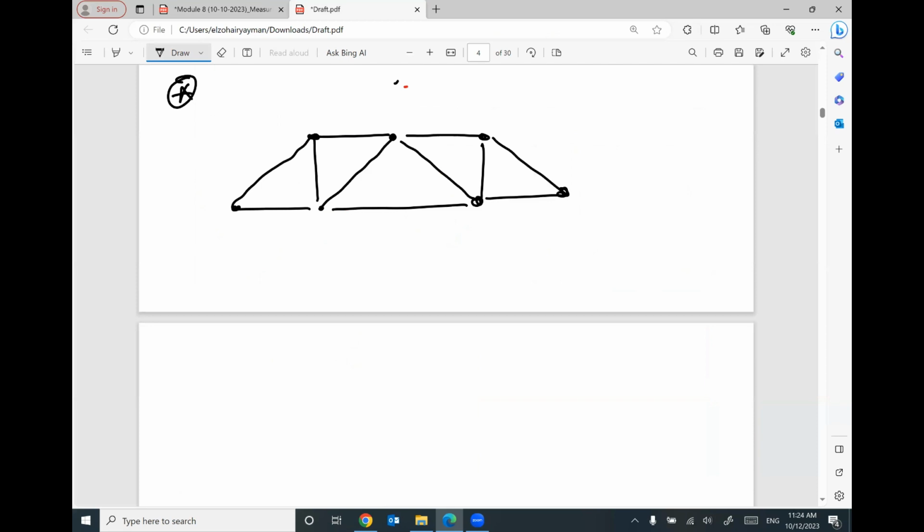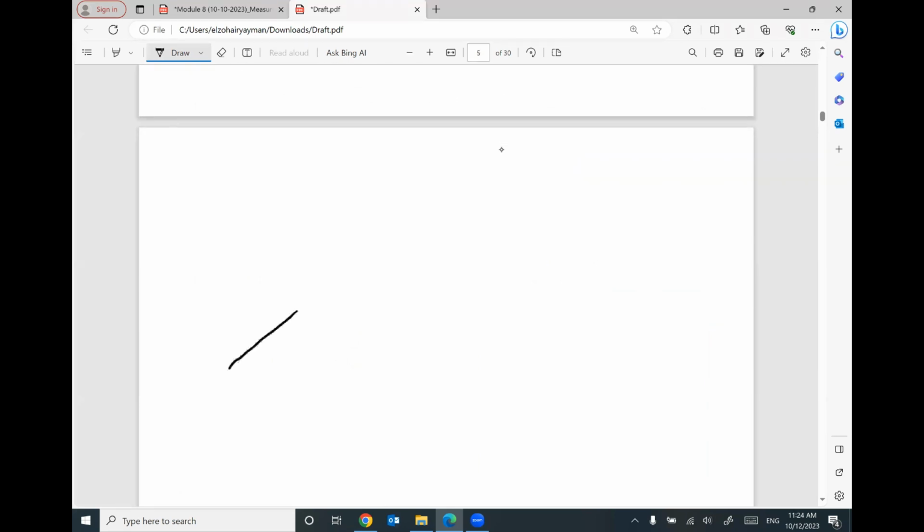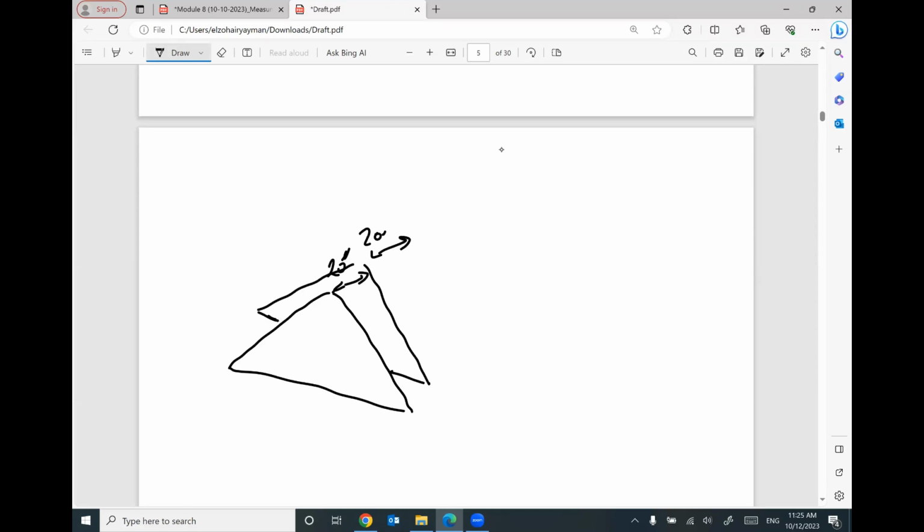If you'd like to repeat it one more time, we have a truss, looks like a triangle. This truss is repeated one more time after 20 feet with another truss. After 20 feet, we have another truss. After 20 feet, we have another truss.